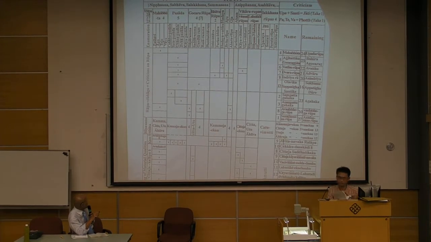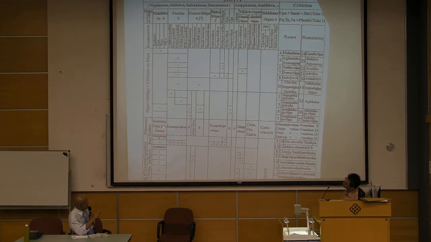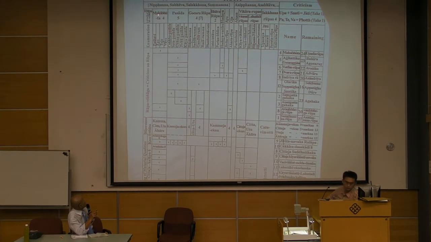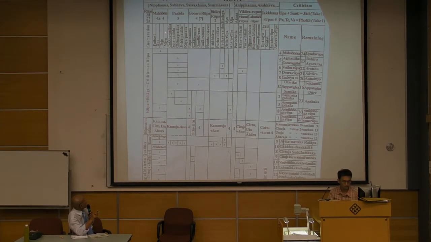And we say there are four causes: Kamma, Citta, Utu. Utu means the same as Tejo, heat, and Ahara means nutriment. So now what we say here, the four essential materialities, Pathavi, Apo, Tejo, Vayu, are produced by the four causes.